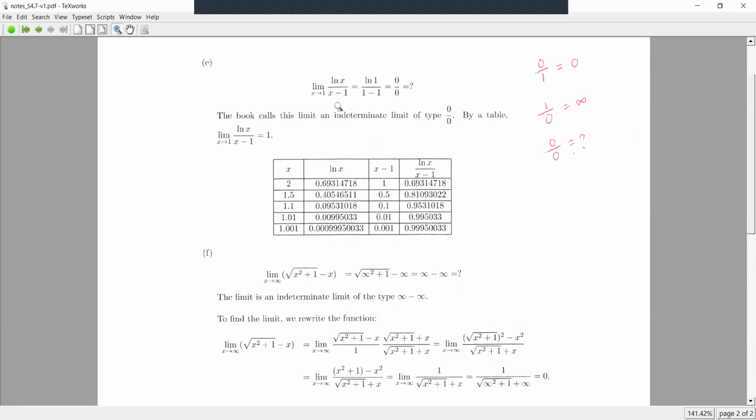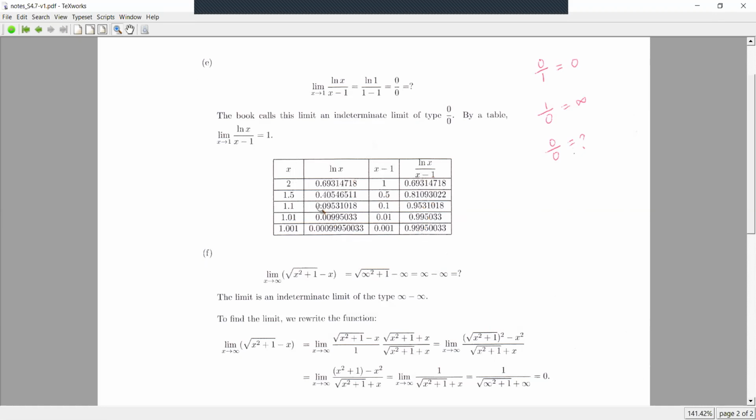Let me turn back to a table. I use a table to tell the limit. First column, independent variable, x. Second column is numerator. Third column, denominator. The last column is the function.